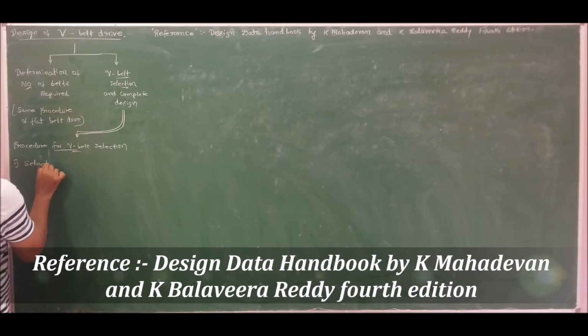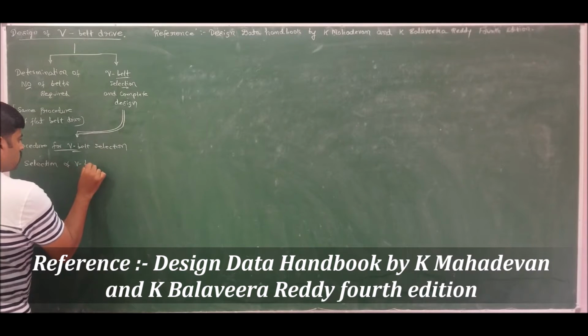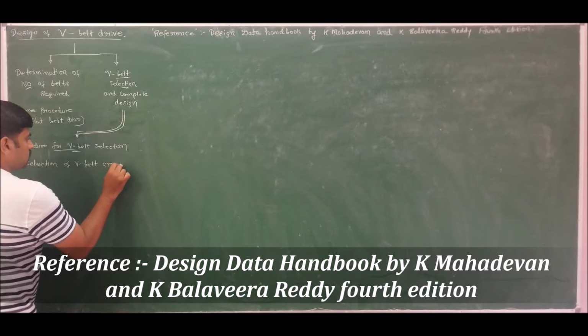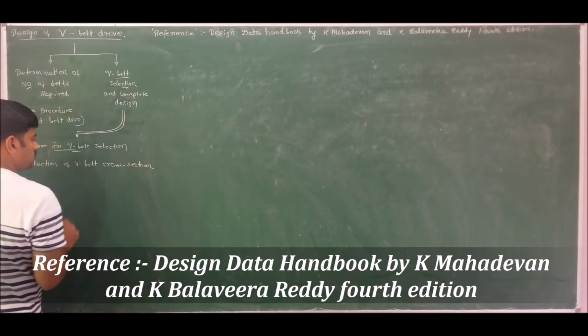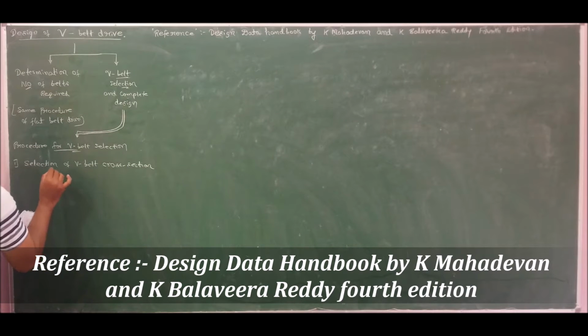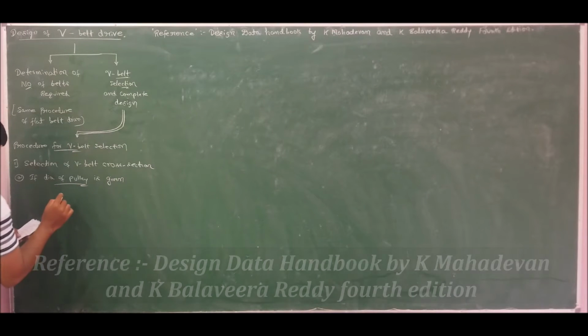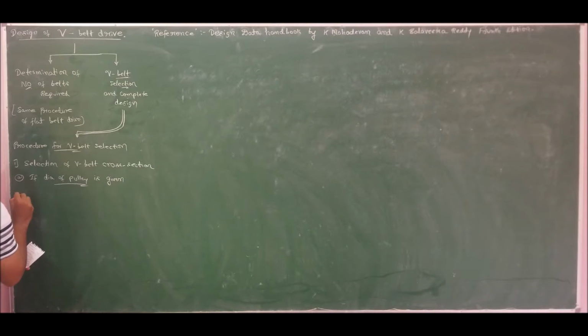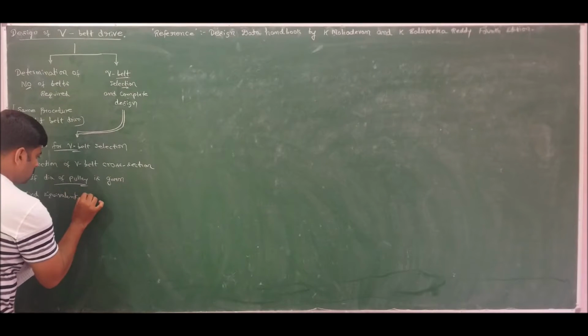That is, selection of V-belt cross section. Under selection of V-belt cross section, we have two categories. If the diameter of the pulley is given, then find the equivalent pitch diameter.